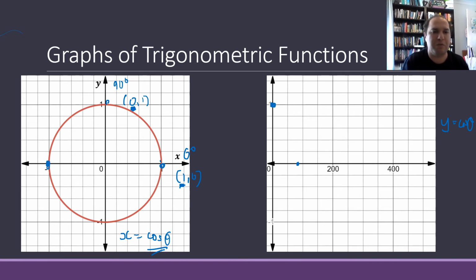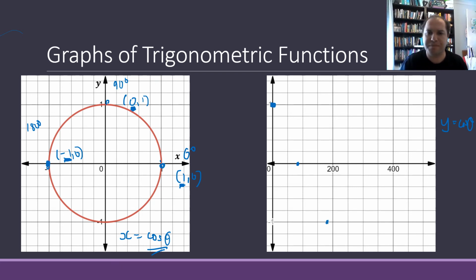Working our way around at 180, the coordinates of that point are negative 1, 0. So the x value, the cos of 180 degrees, is negative 1. So that'll be just a little, so that's 150. So maybe a little bit about here.